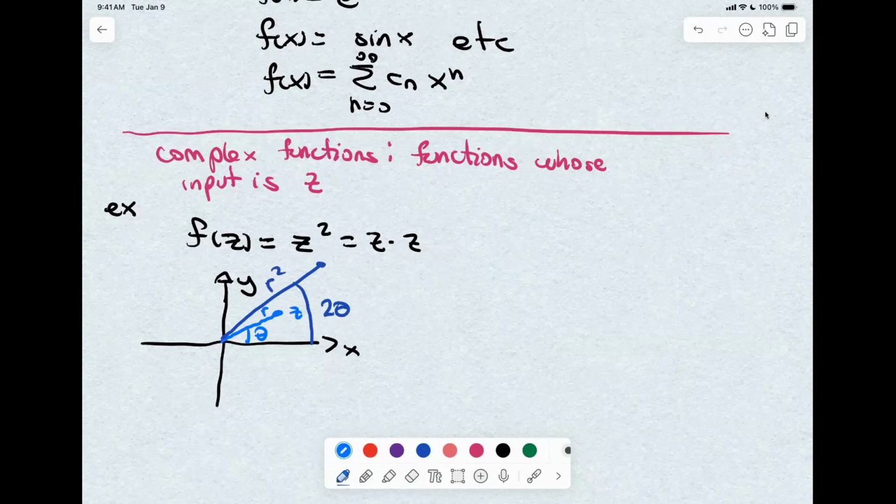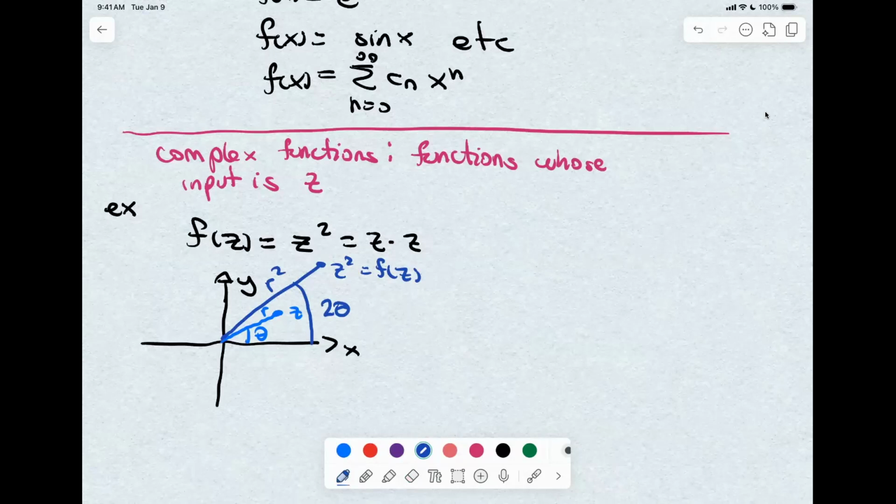So this would be z squared, which I'm now calling f of z. For any complex number, it doubles the angle and squares the distance to the origin. That's one way to think about it.